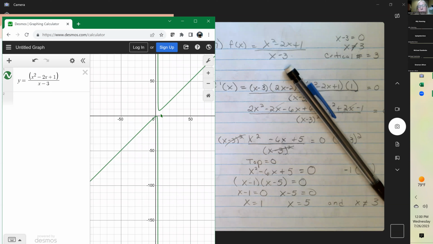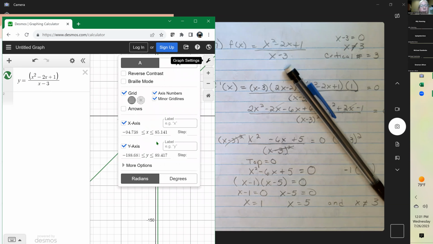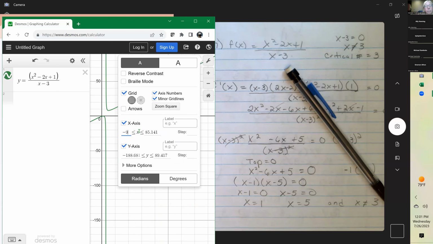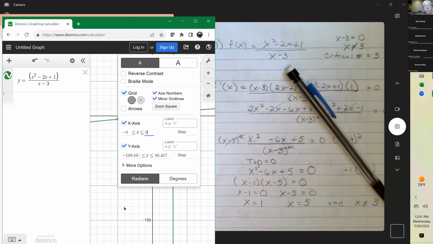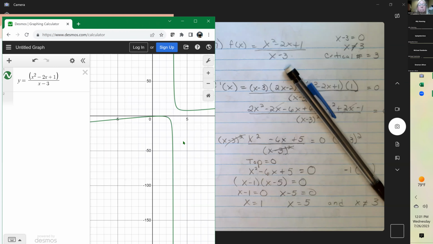Notice right here, let me change my units so you can see a little better. This is where our 3 is. From the right, it's going to positive infinity. From the left, it's going to negative infinity. But it is a critical value.